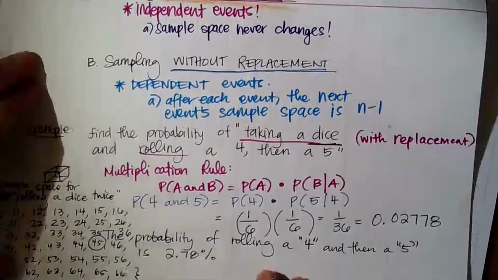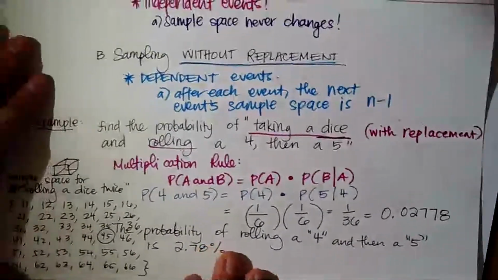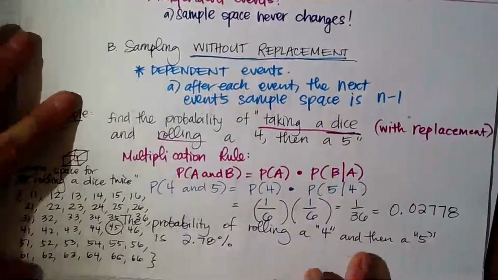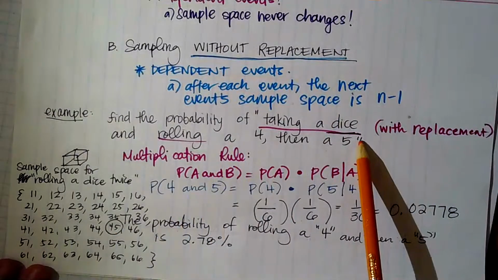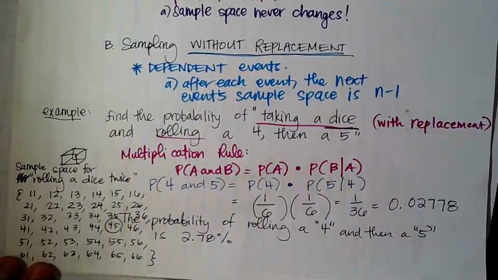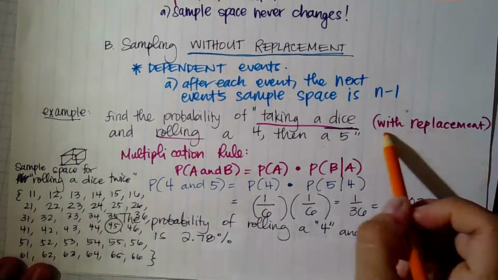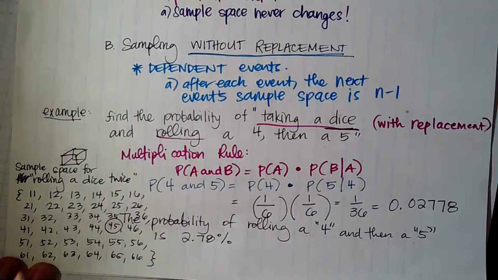So let's look at another example. In probability, you get a lot of sock drawer situations, you get a lot of dice and coin tosses. Here's another example. Find the probability of taking a dice, one dice, with replacement and rolling a 4, then a 5. So let's talk about why I put this in parentheses. When my problem was given to me, it says find the probability of taking a dice and rolling a 4, then a 5.